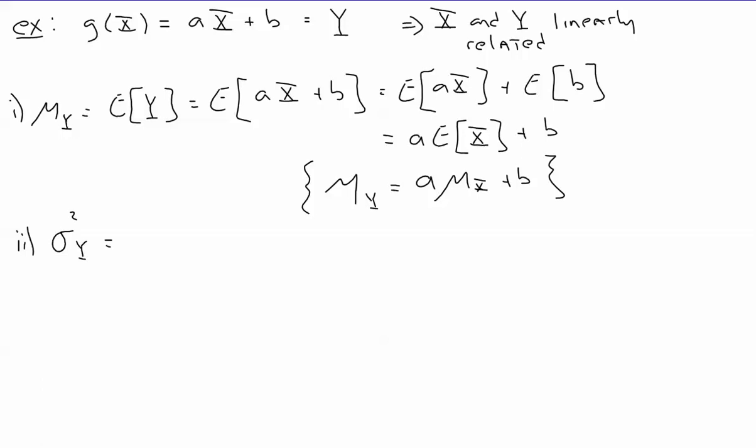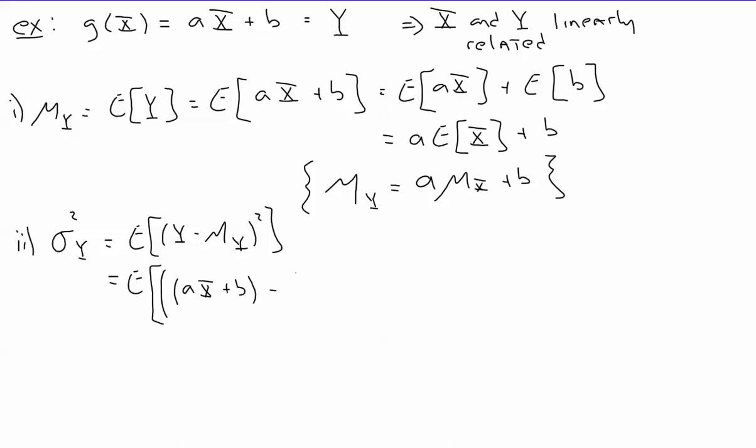Let's find the variance of y. All right, the variance of y is the expected value of y minus mu y quantity squared. All right, and this is going to be the expected value of ax plus b minus a mu x plus b quantity squared.